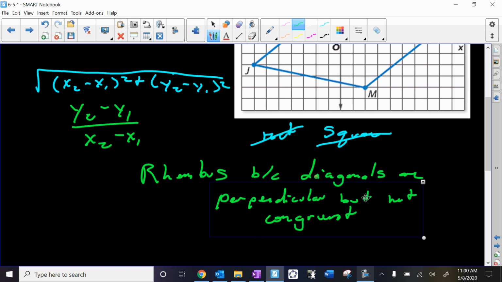So when you say the diagonals are perpendicular, you're telling me that it's a rhombus. But when you say but not congruent, you're throwing out the idea of a rectangle and a square at the same time.